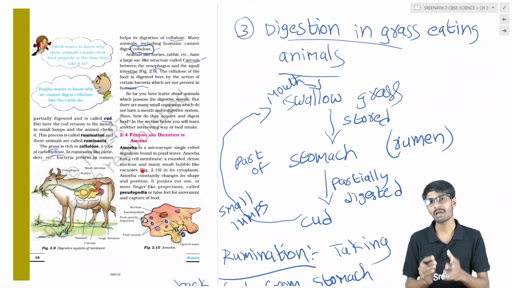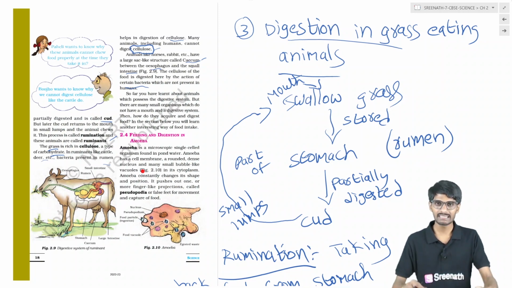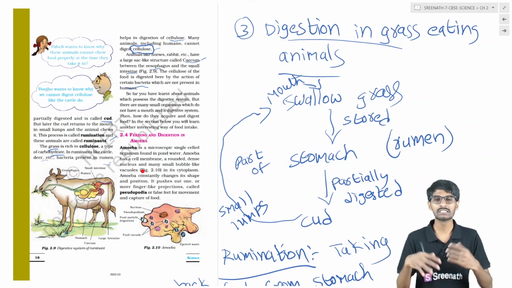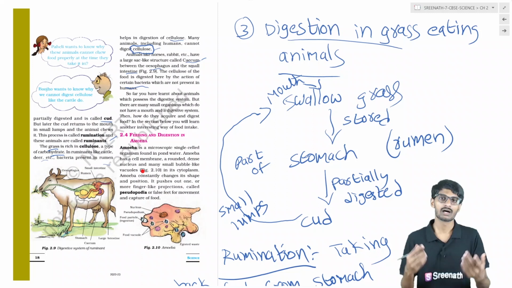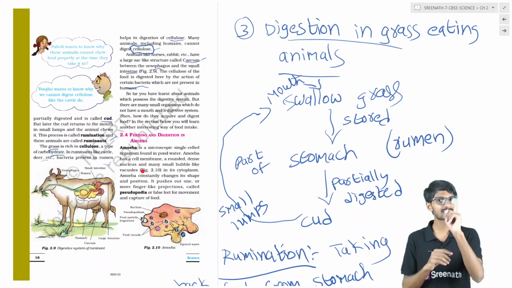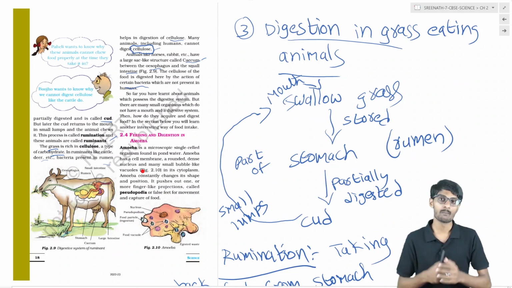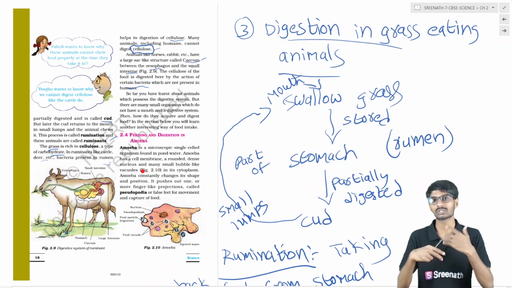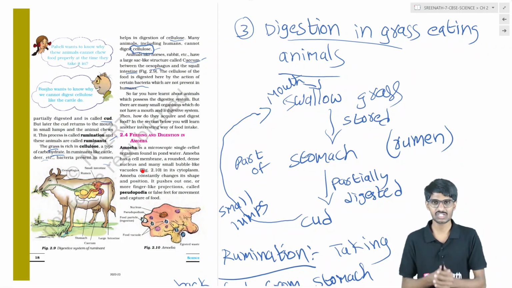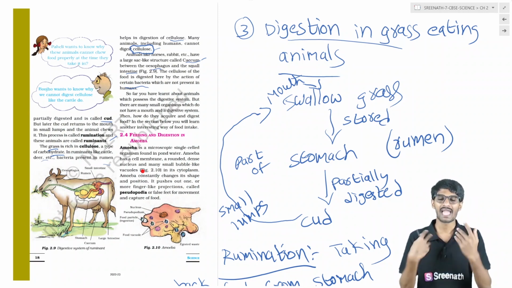But there are some animals which do not have any organs, which do not have millions of cells, but only a single cell or a few cells. Those animals also take in their food, digest their food, and excrete.